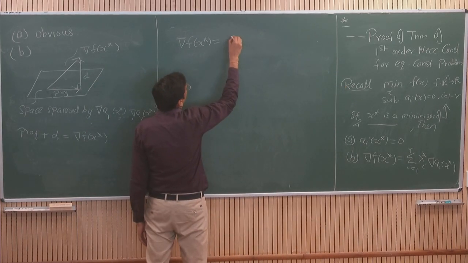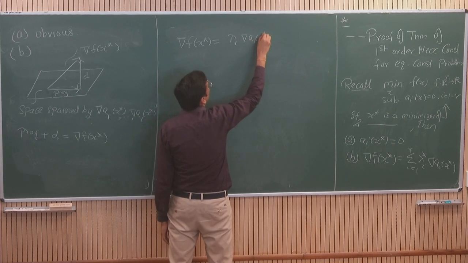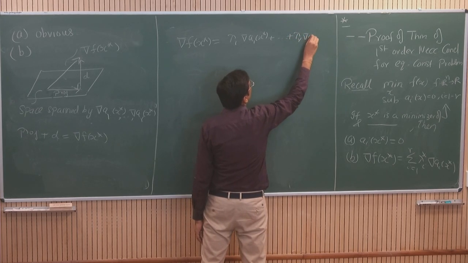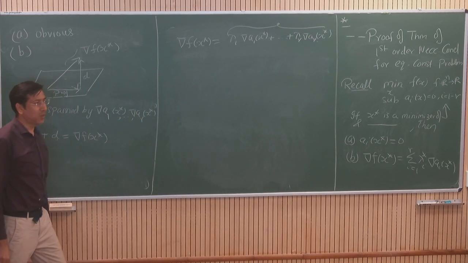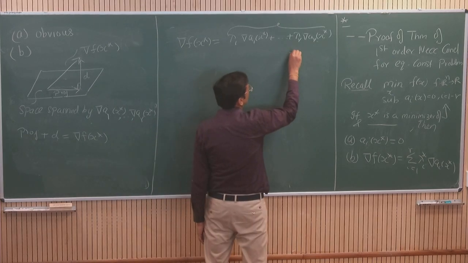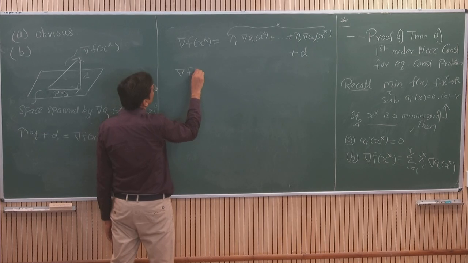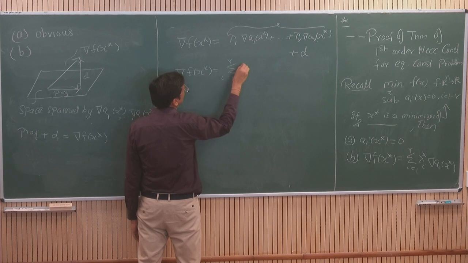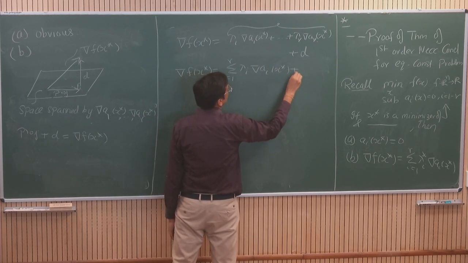So this is lambda 1 gradient of A1 at x star plus, all the way, lambda r gradient of Ar at x star. This is my projection vector because it is in the space spanned by those vectors, plus the D vector. Everybody with me? So which also means that the gradient of f at x star is equal to the summation of i from 1 through r of lambda i gradient of Ai at x star, plus D.